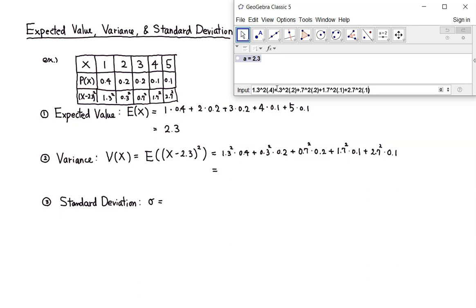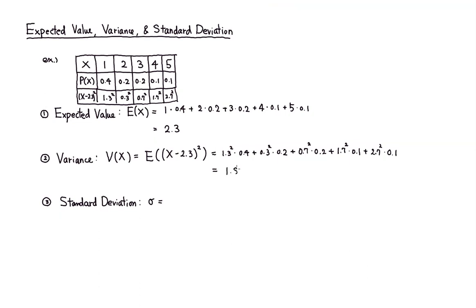Then hit enter. It came out to be 1.81. So 1.81 is the variance. And variance is actually the square of the standard deviation.